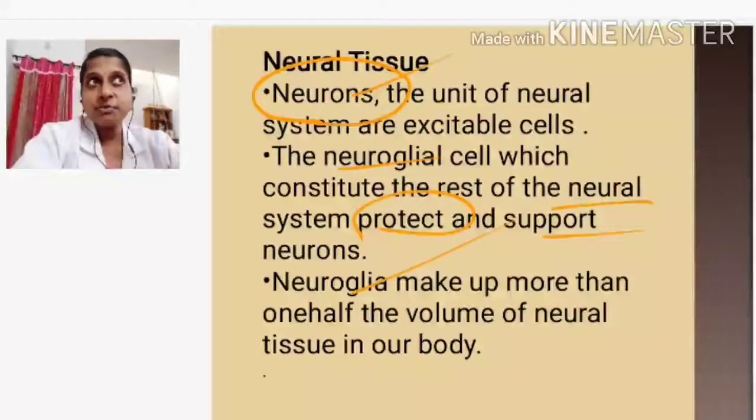So what is the stimulus? The sight is the stimulus there. I am seeing the fly which is nearing me, so that is my stimulus, and immediately the message will be carried by the neurons present in the eye to the brain. What will the brain do?